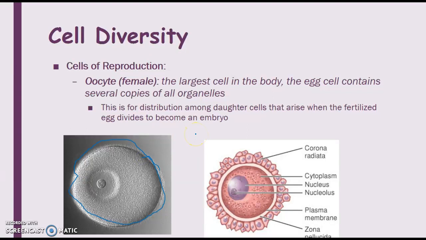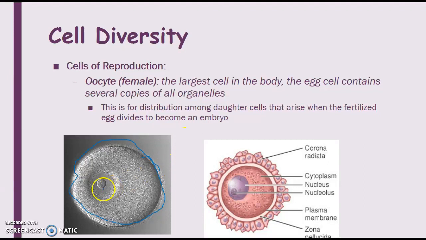And the reason that it's so large is because it's storing up a lot of different organelles. And the reason for this is because when this egg becomes fertilized, it doesn't want to spend time making more organelles as it's rapidly dividing. It doesn't have time for that. So if we store a bunch of organelles in there, right when it becomes fertilized, it can quickly divide to become an embryo.